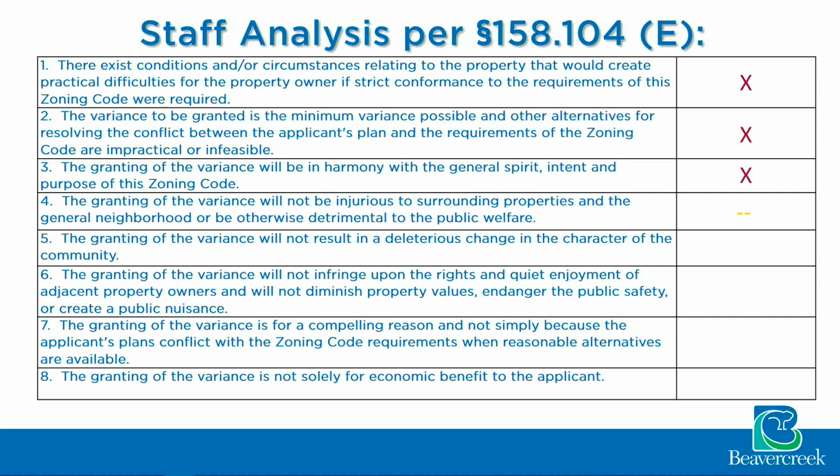The next one, number 4, we kind of took a neutral position on that because I don't believe that granting the variance would be directly injurious to the surrounding properties.